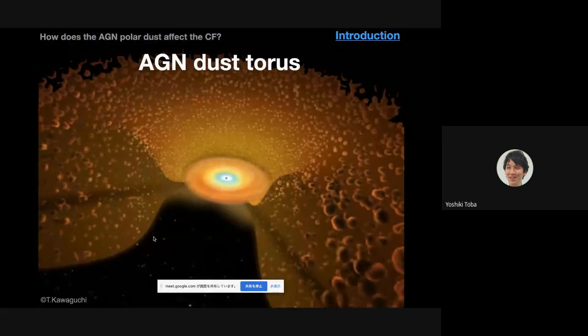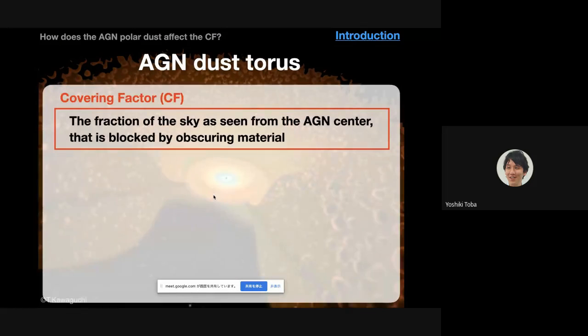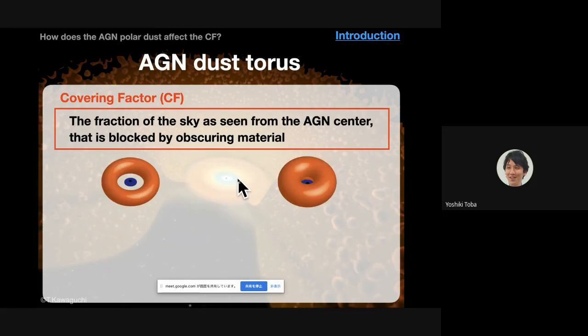Let me first remind you of what covering factor is. The covering factor is defined as a fraction of the sky as seen from the AGN center that is blocked by obscuring material. Covering factor ranges from 0 to 1. As this value approaches 1, we can imagine a dusty torus like this.